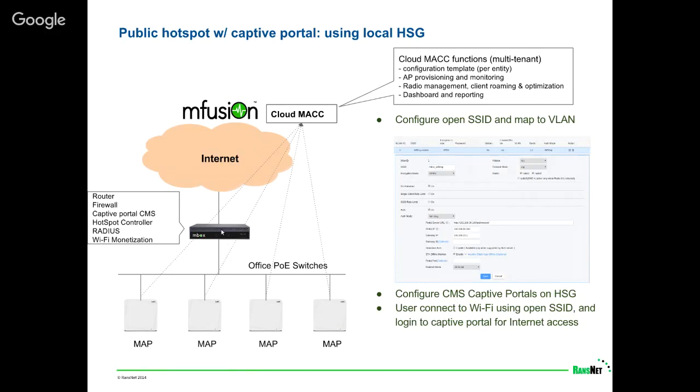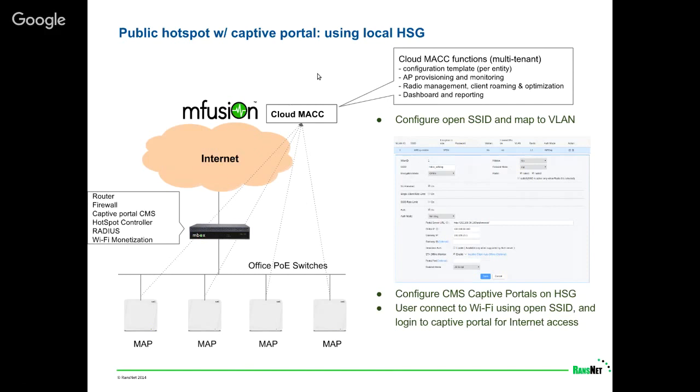Just bear in mind that the mBox HSG can also have its own local wireless controller, that means MACC. So the mBox comes with a MACC module as well, so the MAP can be managed by the local MACC within the HSG as well.